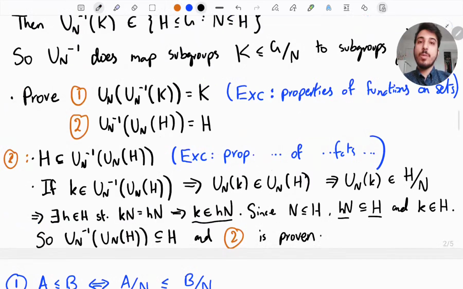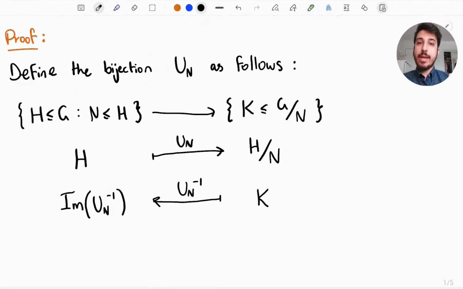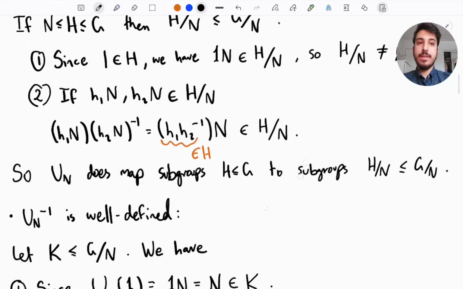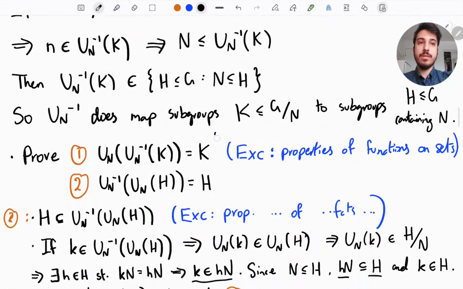To recap, we have just defined u_N, we've defined u_N inverse, we have proven that u_N and u_N inverse are both well defined, and lastly, we've proven that they are in fact the inverses of each other by saying that the composition of u_N and u_N inverse from both sides gives the identity here.